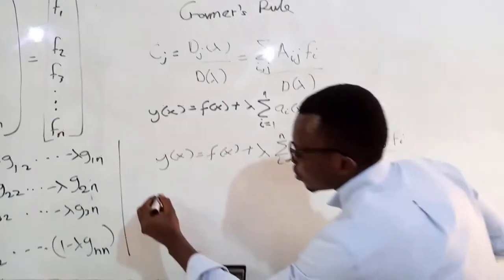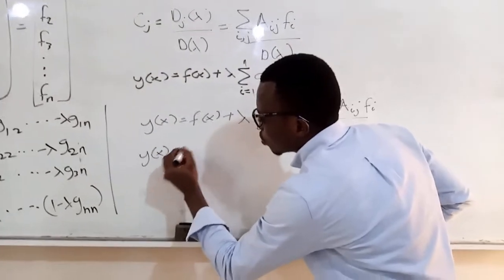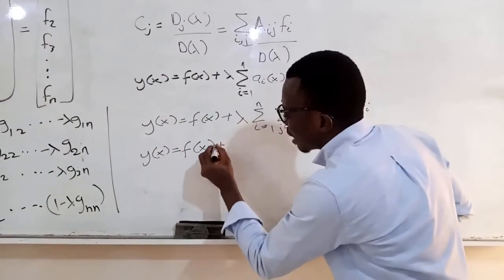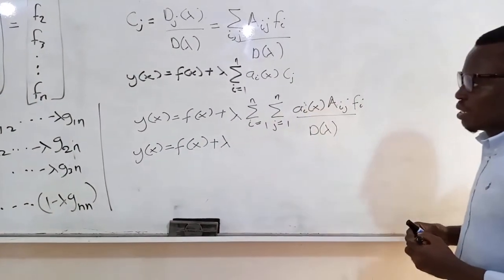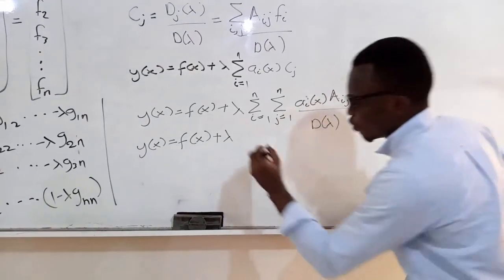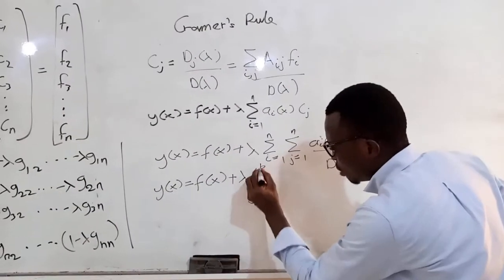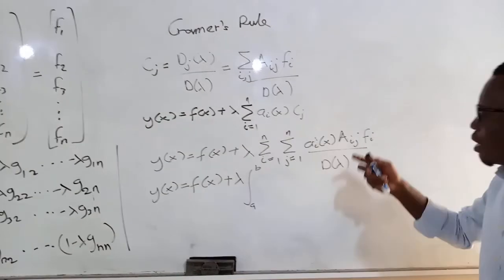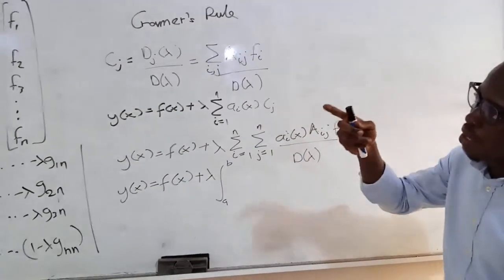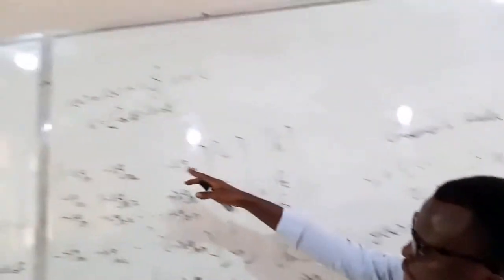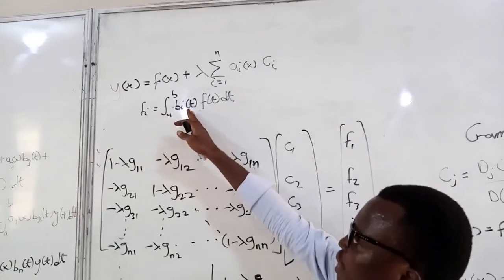I always have y of s equal to f of s plus lambda. So I can easily bring the integral first, integral from a to b. And fi is the same as the integral from a to b of bi of t, f of t dt.